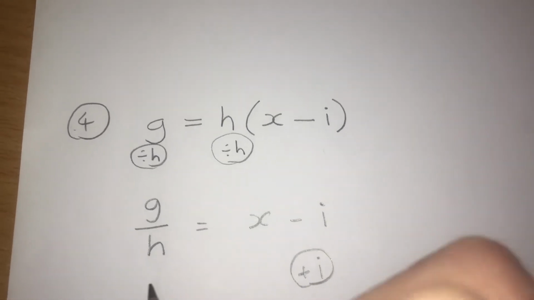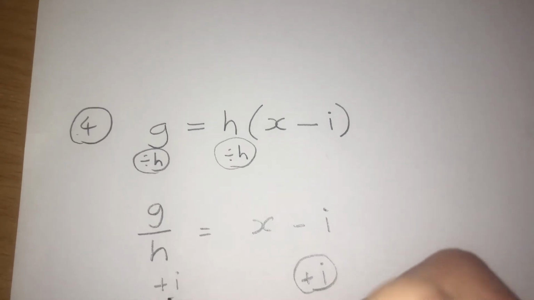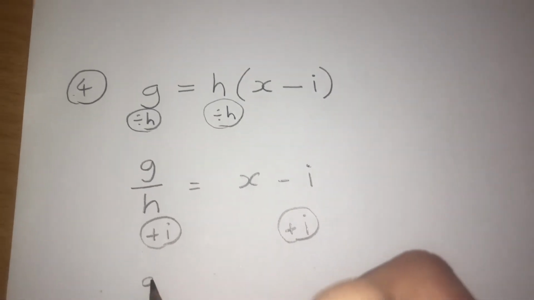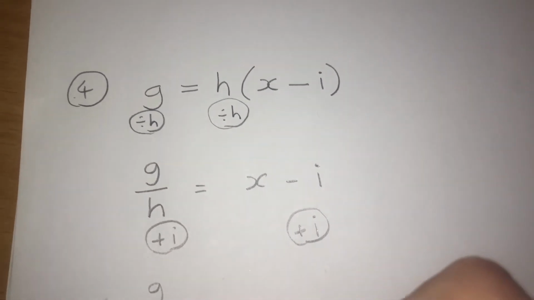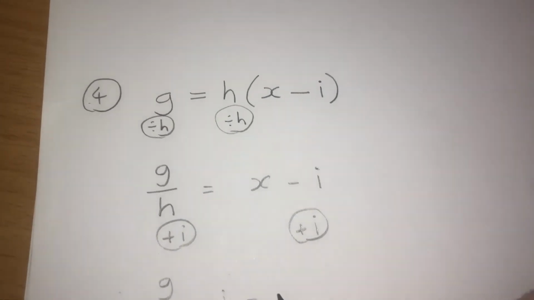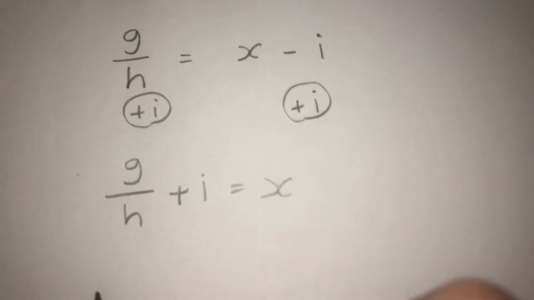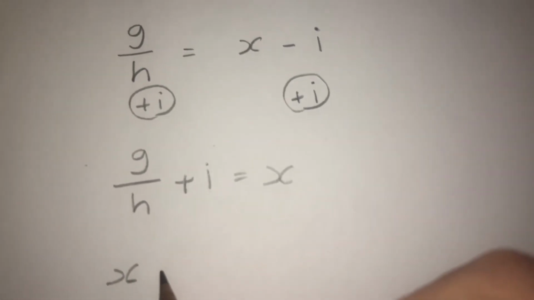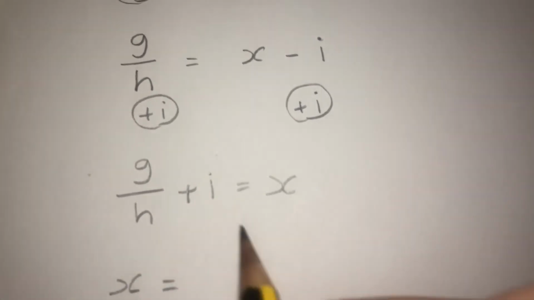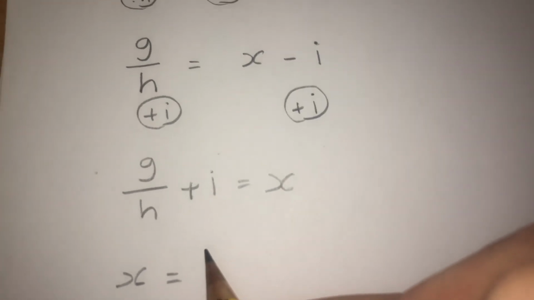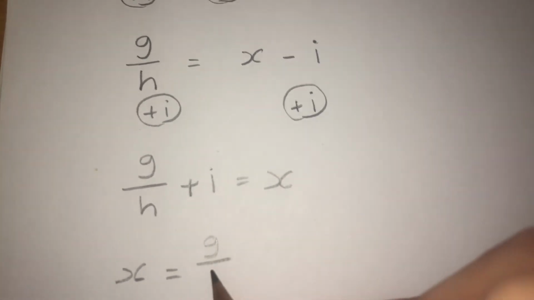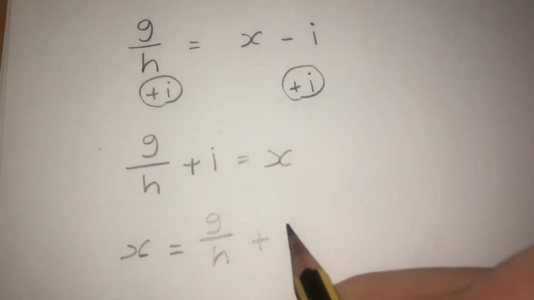But if I plus i on the right, I have to plus i on the left also. So we just write that as g over h plus i is equal to x. x is now the subject of the formula. But again, let's just write that on the left hand side and swap the left and the right hand side of the formula around. So x is equal to g over h plus i.